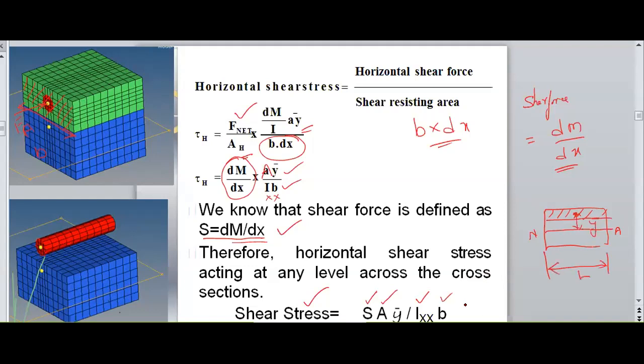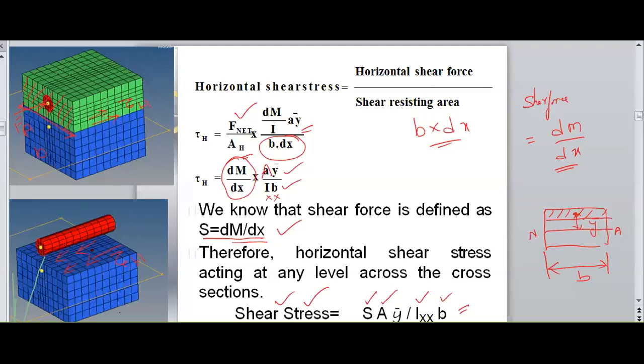So this is the shear stress developed. That is nothing but the horizontal shear stress developed on the surface in between the green and blue areas.